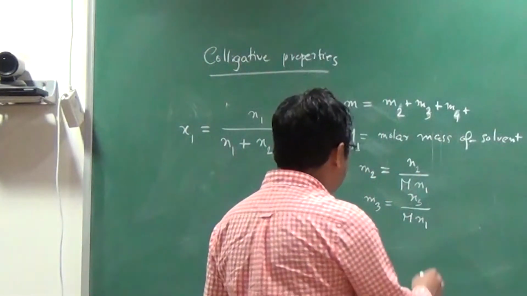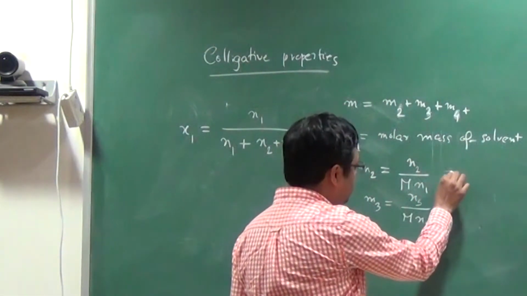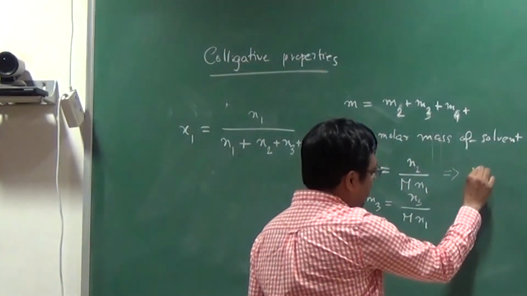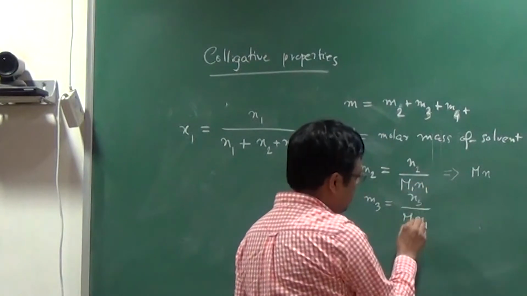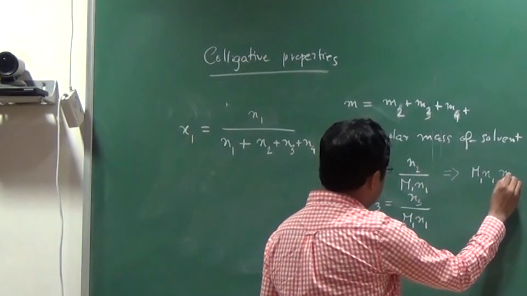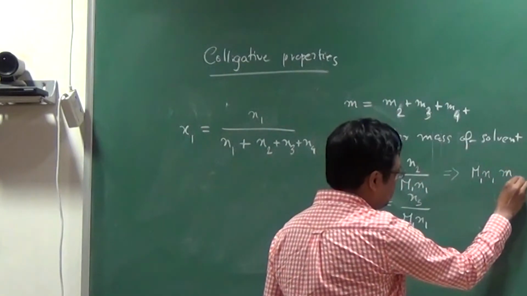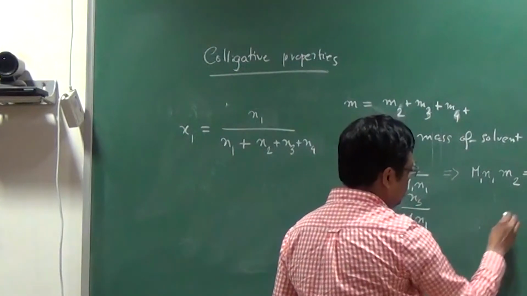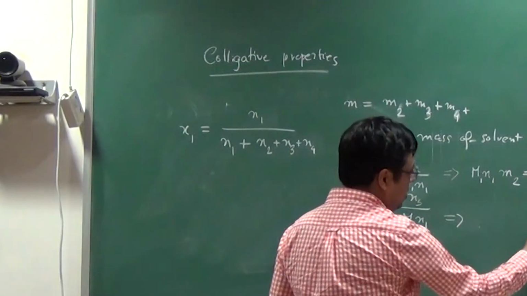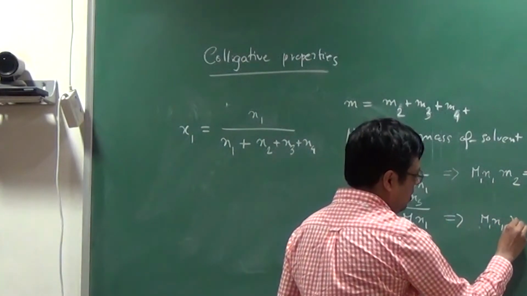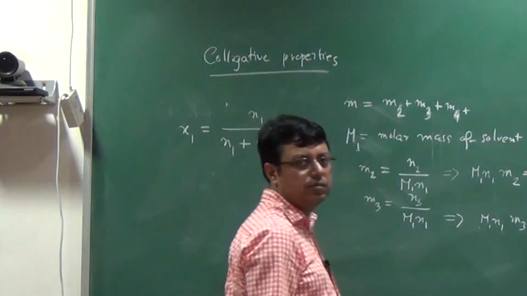So I can easily see that I can write N2 as M1 N1 into m2. Similarly, N3 will be nothing but M1 N1 m3, something like that.